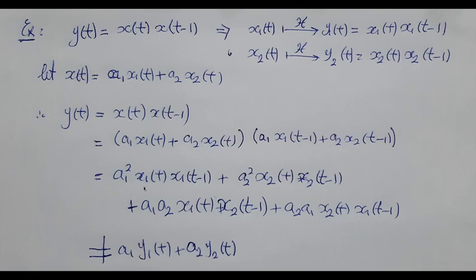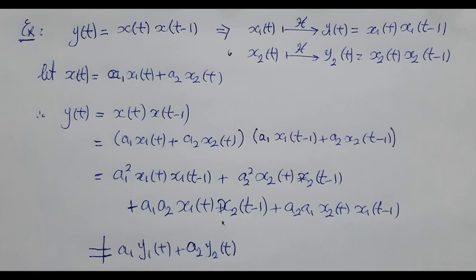As we can see, x1 of t times x1 of t minus 1 is y1 of t, and x2 of t times x2 of t minus 1 is y2 of t. So now we have a1 squared y1 plus a2 squared y2 plus 2 cross terms. So it's clear that this is not equal to a1 y1 plus a2 y2.